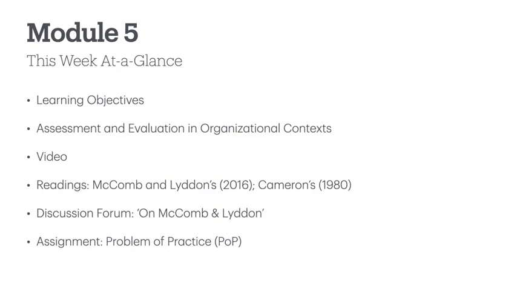And then finally, assess the effectiveness of different assessment and evaluation models or approaches used in organizations. And then we have some videos, reading, and of course, our weekly discussion forum and assignment.